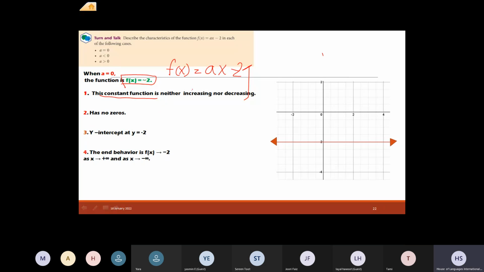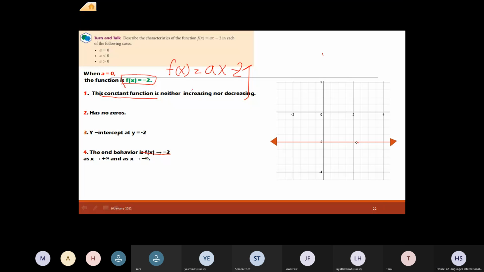When x approaches negative infinity, f of x is negative 2. It's still negative 2. So as the end behavior, when x goes to positive infinity, f of x is negative 2. When x approaches negative infinity, f of x is still negative 2. Done?